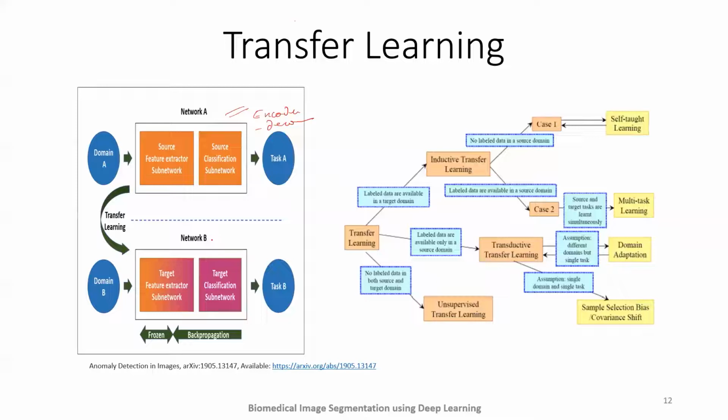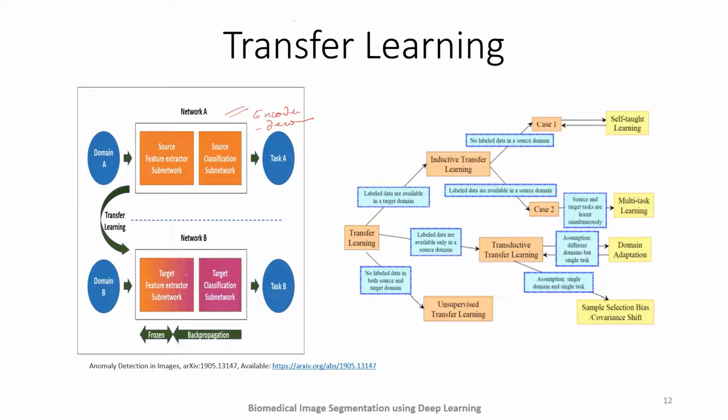Then for a domain where we have very little data, we can use this knowledge, this network or model, and that's where transfer learning comes into play.